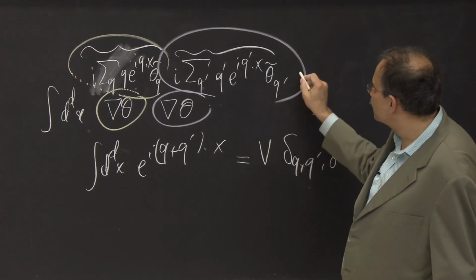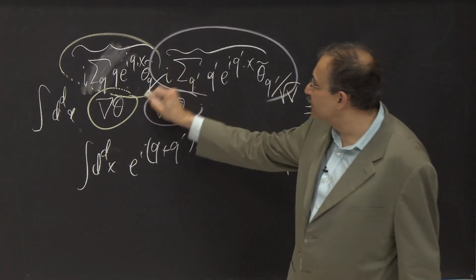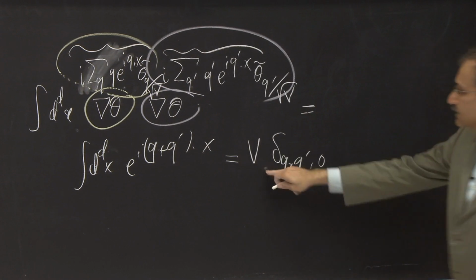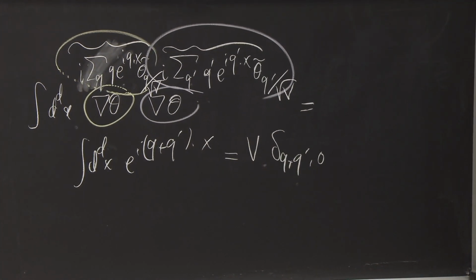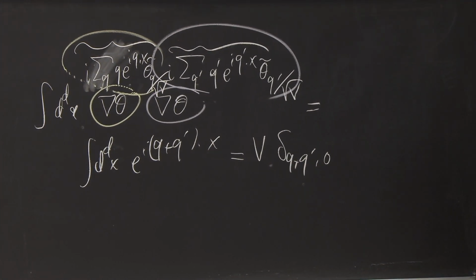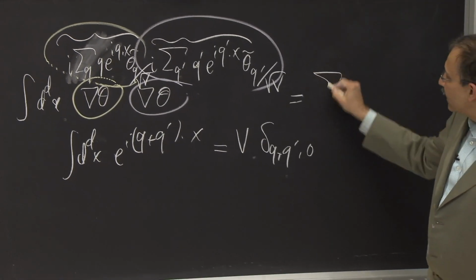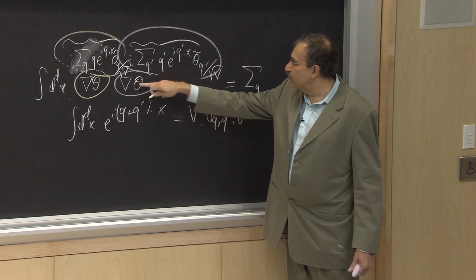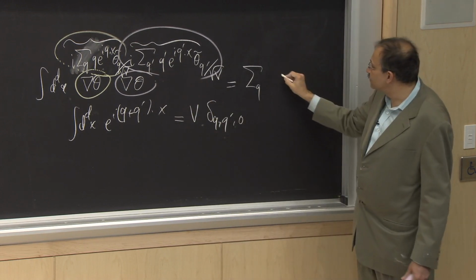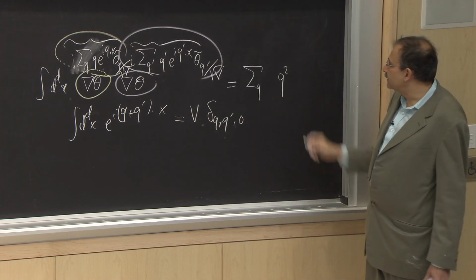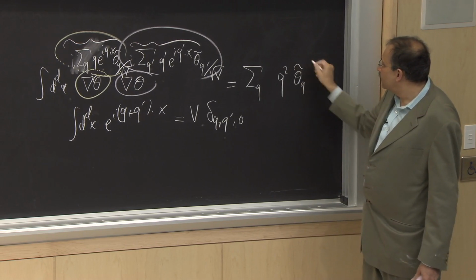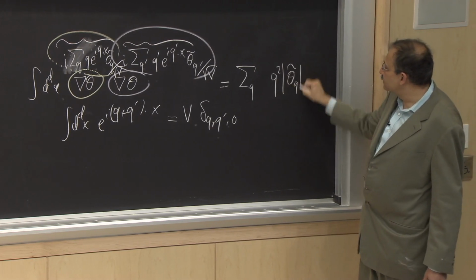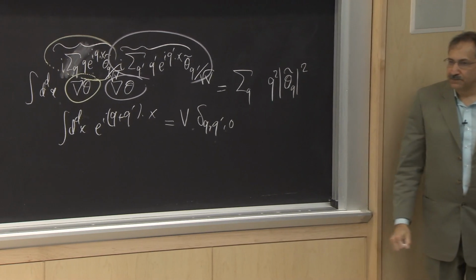Actually, I had introduced the normalizations that were root V. The normalizations get rid of this factor of V. That's why I had normalized it with the root V. And I will get one factor of q remaining. Since q prime is minus q, i q prime becomes q squared. And then I have theta tilde of q, theta tilde of minus q, which gives me this.